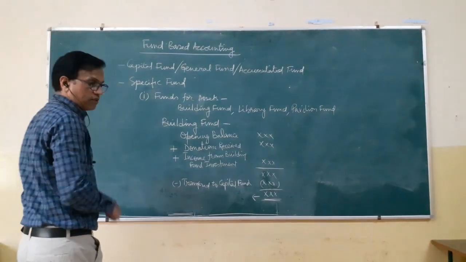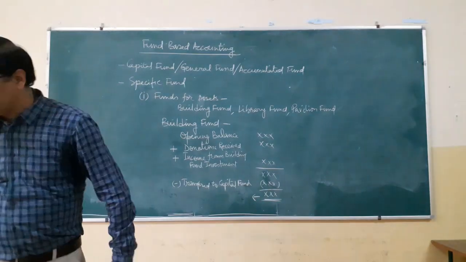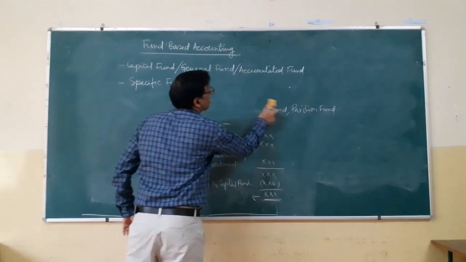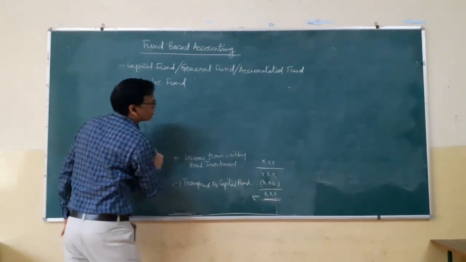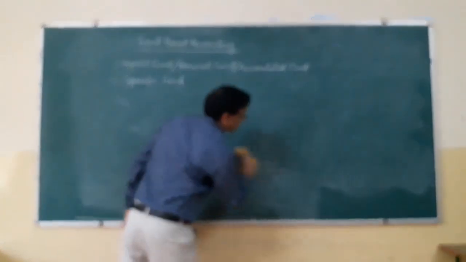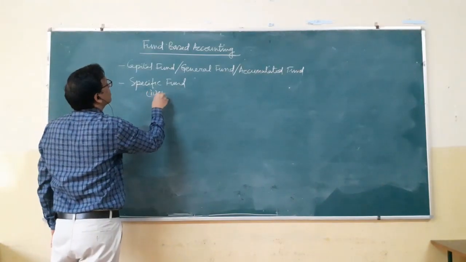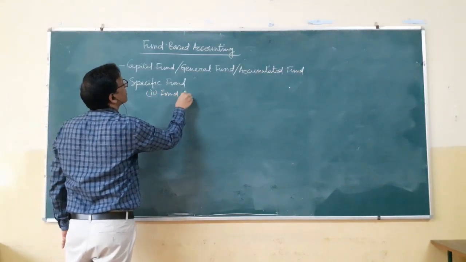Then for expenses, suppose some expenses are to be met by this organization. So I told you the names, like sports fund, match fund, tournament fund. So second is fund for expenses.